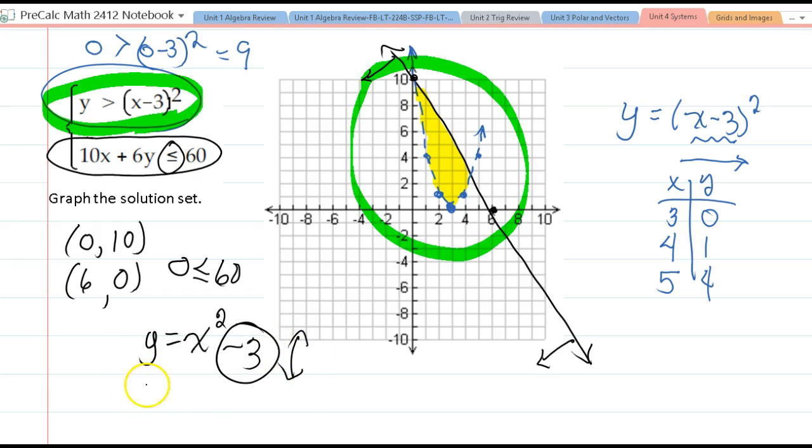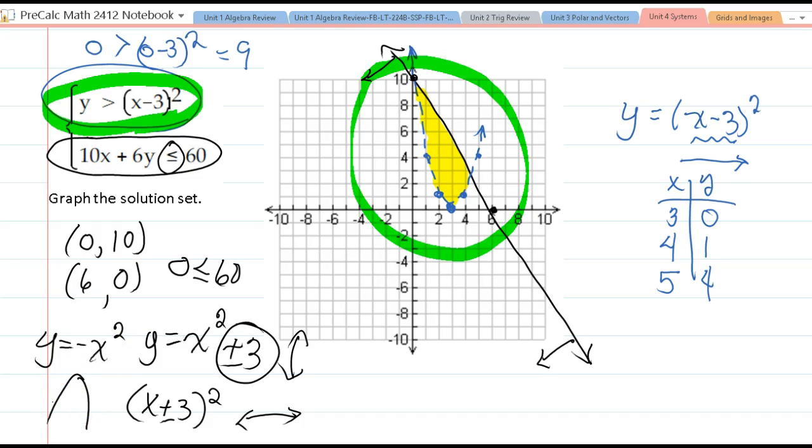And if you have it on the inside of the parentheses, then it shifts left and right. So it just depends on what that sign is. Same thing here: if we have a negative on the front of our x squared, that's going to cause it to open down. Like I said, you're not guaranteed to have a parabola, but I wanted to make sure that I covered solving with transformed parabolas.